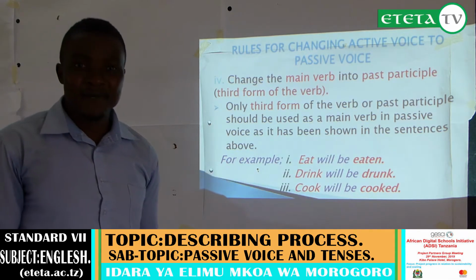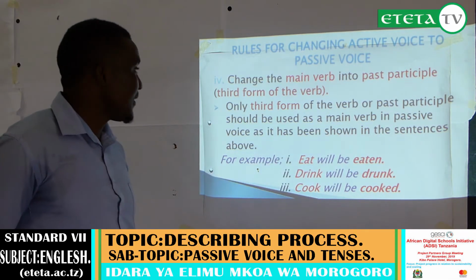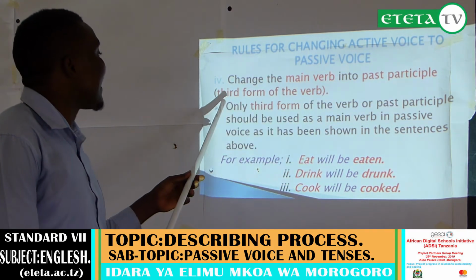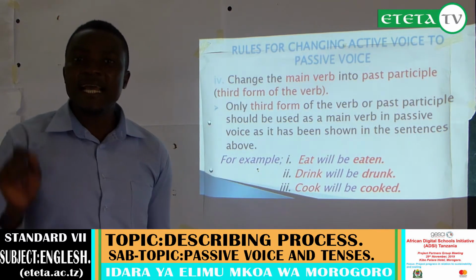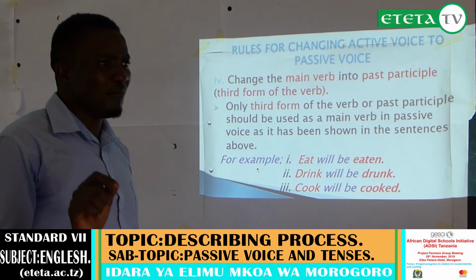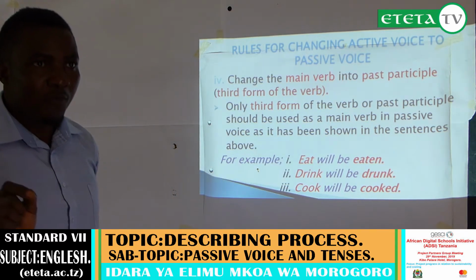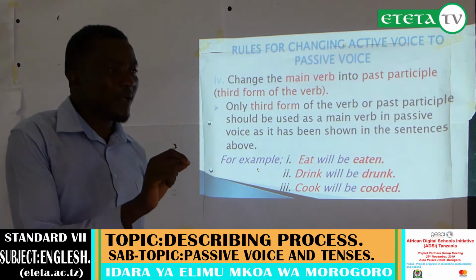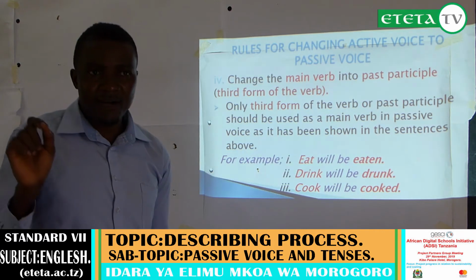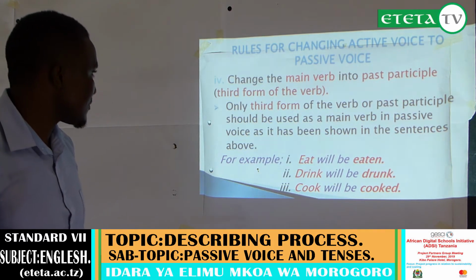Yes, we are still proceeding with rules when changing active voice to passive voice. And then rule number 4: you have to change the main verb into past participle form. Change the main verb into past participle form. Remember, a very special verb form is used when changing active to passive voice. It is the verb in past participle form.